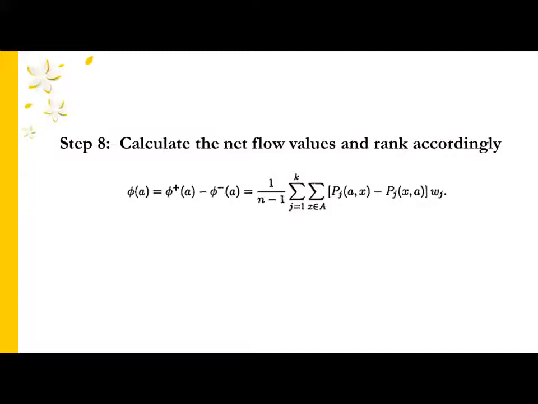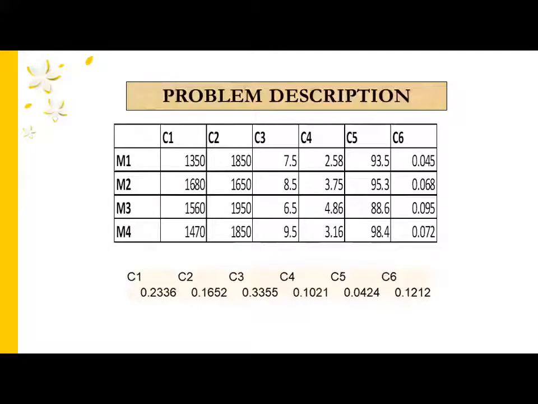Now we'll go to the problem description. There are 4 methods and 6 criteria, and these are the criterion weights. If you sum up all these criterion weights, it will be equal to 1. The values in the first row, 1350, 1850, and so on, are the indicators of method 1, showing how it satisfies the criteria C1 to C6.